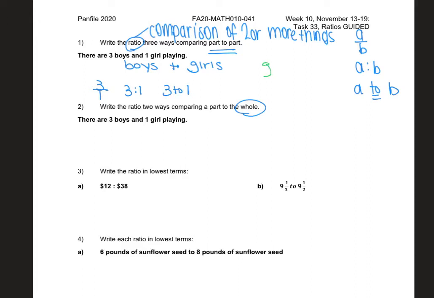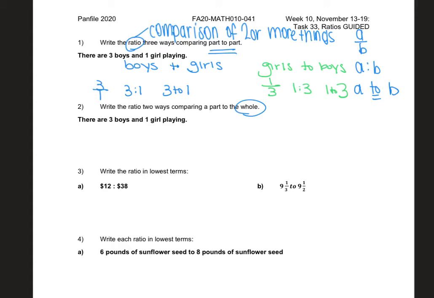Now, if we're comparing girls to boys, it would be 1 to 3, 1 over 3, 1:3. So again, the order does matter, but it's going to be a variation of those numbers.